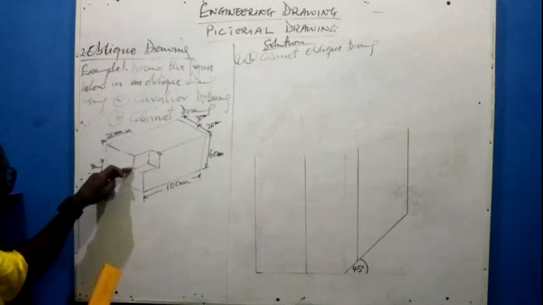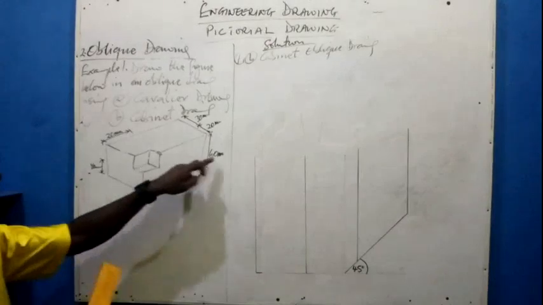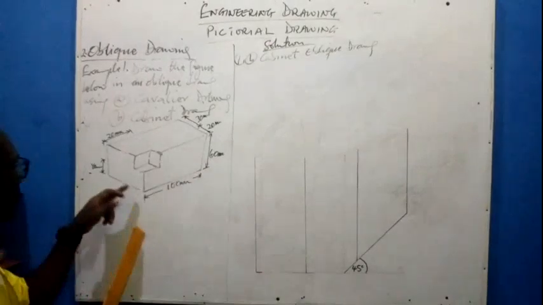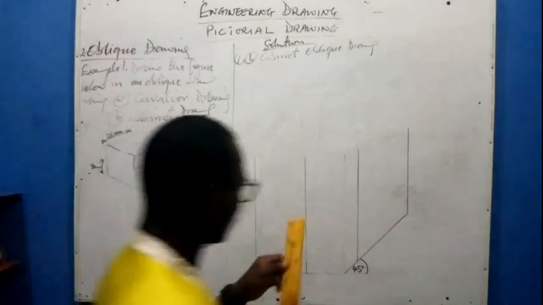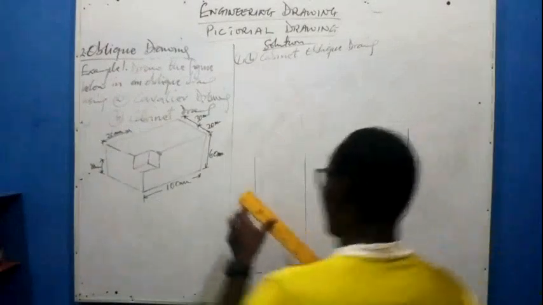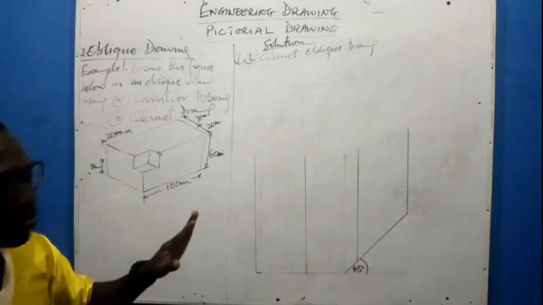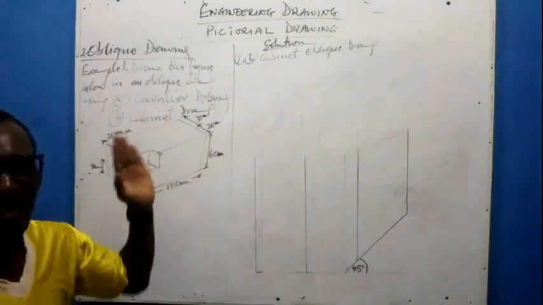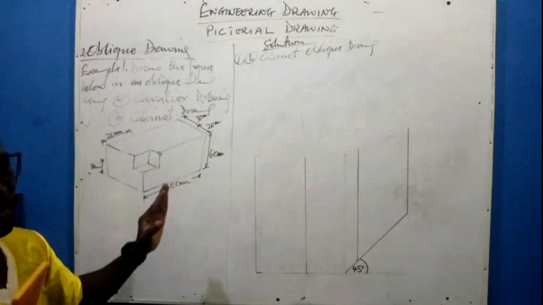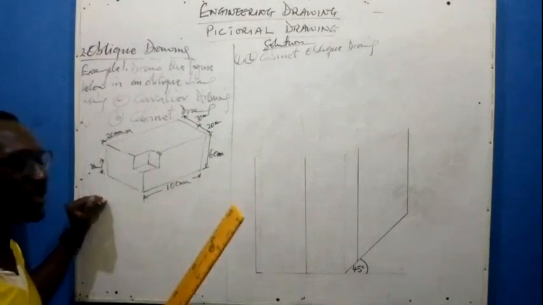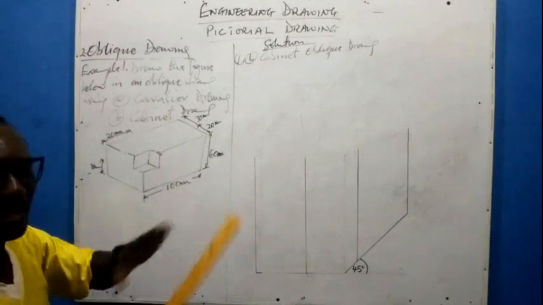Now when you add this side and this side, you are going to get the total. Now you're going to get 40, 20. So I'll measure my 40, 20, and the height too, you don't divide into two. Only the receding line that you normally divide into two when it comes to the cabinet. But when it comes to the one sitting on the 90 degrees, the height, you don't divide them.